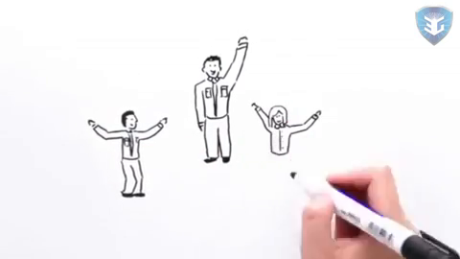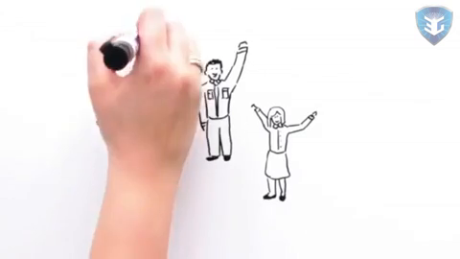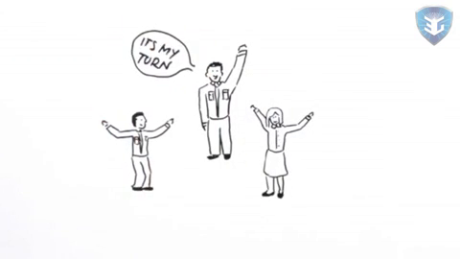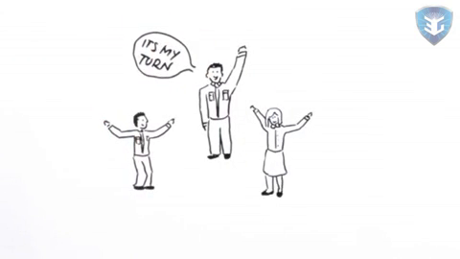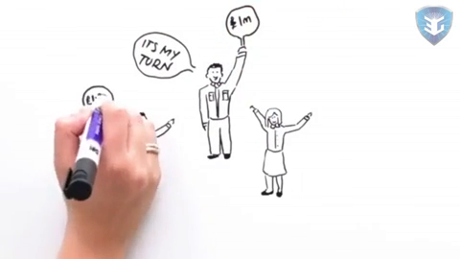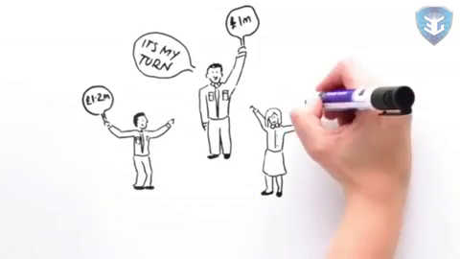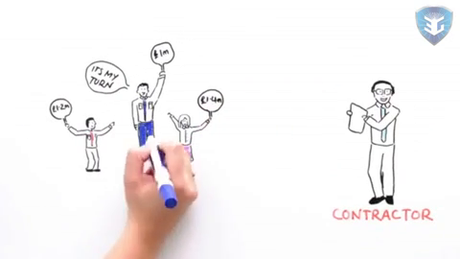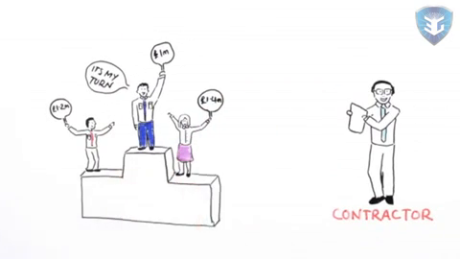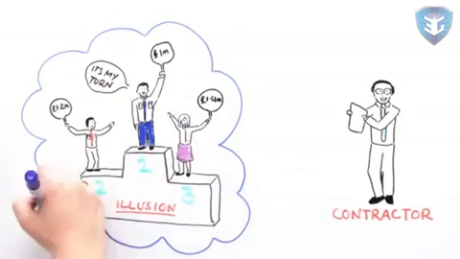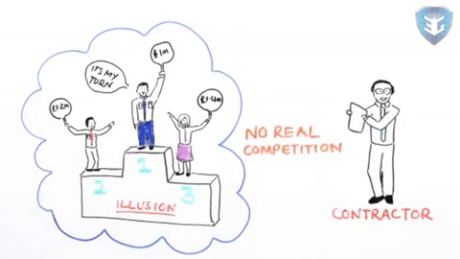And what they do is they get together and they decide it is my turn to win the next contract. So it is agreed that I will bid a price of £1 million, somebody else will bid 1.2 million, somebody else 1.4 million. Well, obviously I will win the bid, and we have created the illusion of competition, and clearly the likelihood is that the price even of £1 million is higher than the competitive price should be.